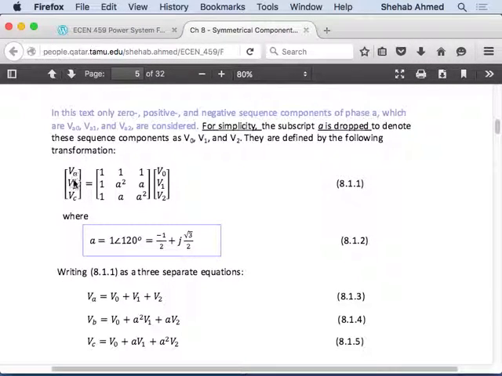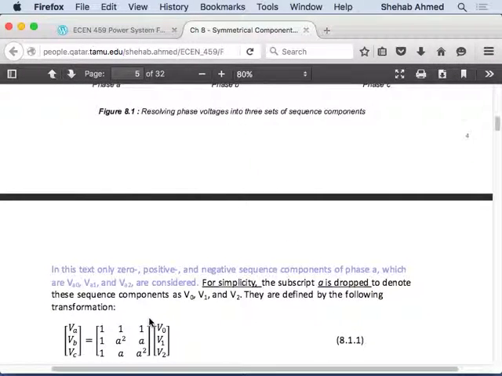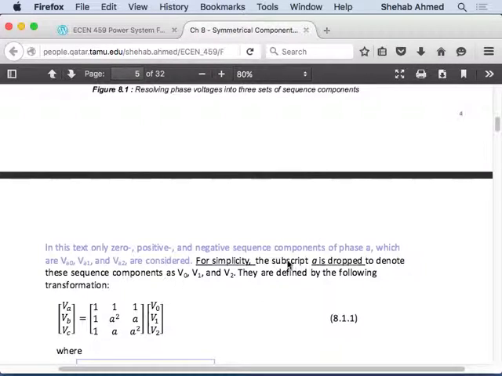So VA is composed of V0 plus V1 plus V2. And VB is composed of V0, a squared V1. And remember here they refer to V1 as the positive sequence of phase A. So I think they mentioned that for simplicity, the subscript A is dropped to denote these sequence quantities.